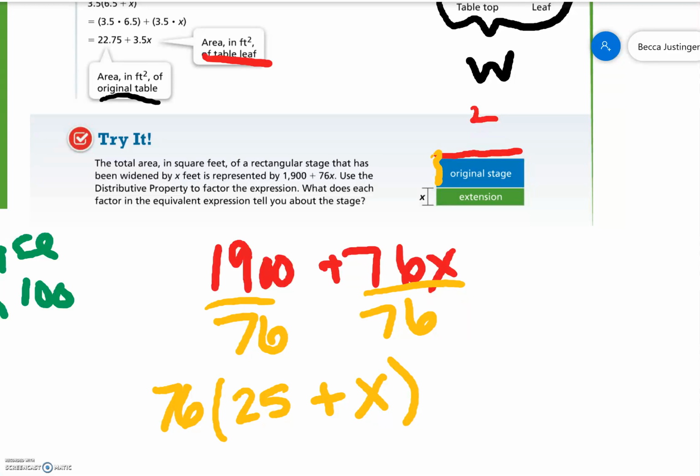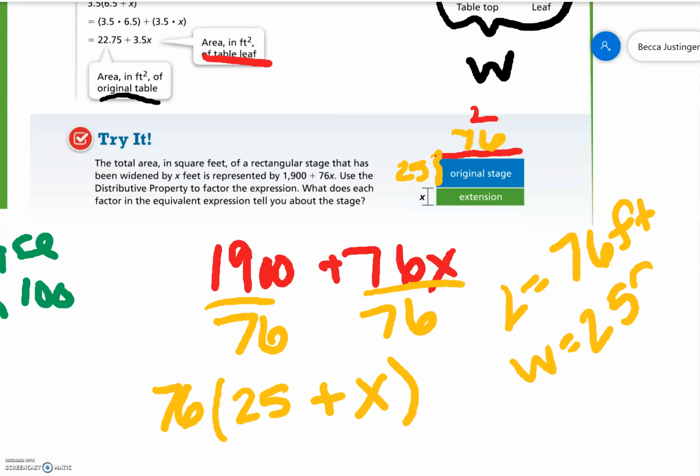So when I factor that out, that 76 is my length. We already have the x accounted for, so the width of the original stage must be 25. So the length equals 76 feet, and the width equals 25 feet. Cool beans.